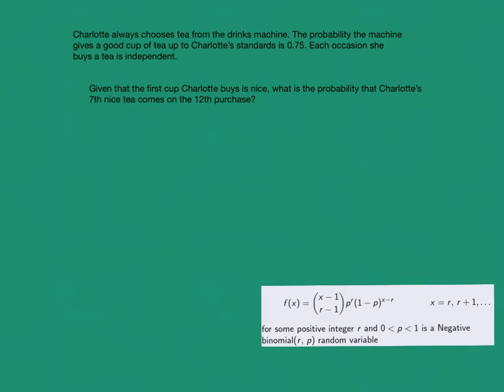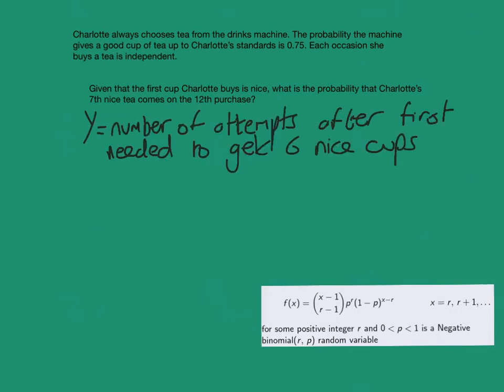times she's purchasing. So we introduce a new variable, that's this Y. Now, Y is the number of attempts after the first attempt needed to get 6 nice cups. Well, the first was nice, so now we only need 6 nice ones. So you do have to think a little bit. So Y is a negative binomial distribution.